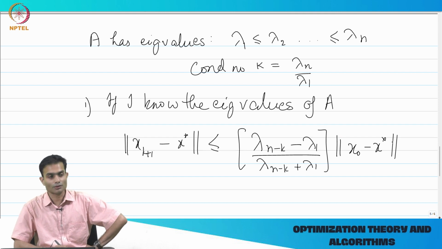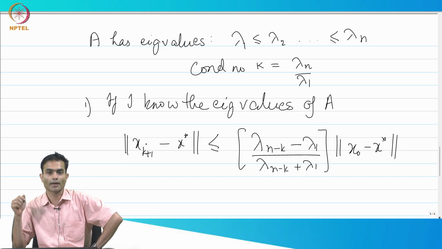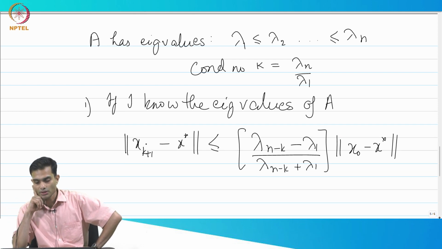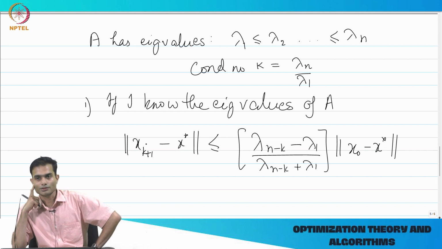Can we try to make sense of this? When do you think this will make a difference? The hint is at most n steps. Can you see if it is possible for us to make sense of this expression?